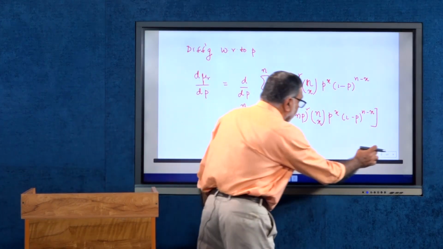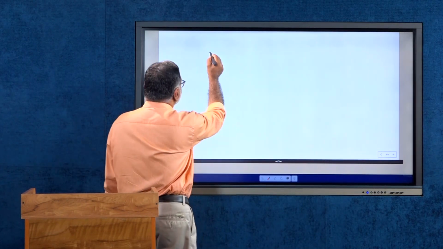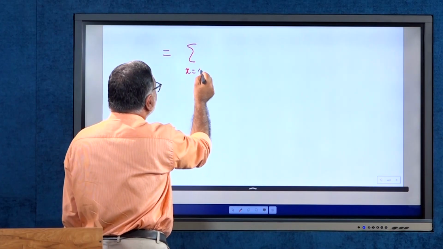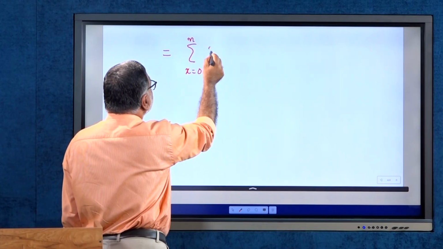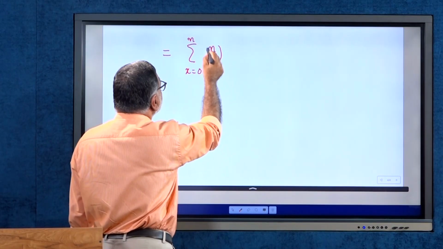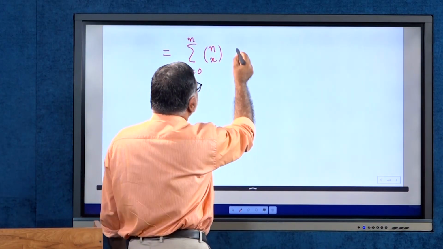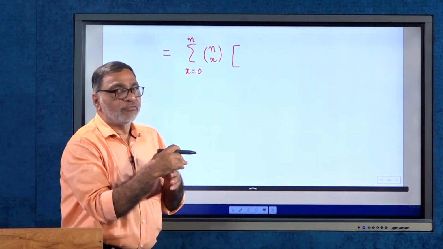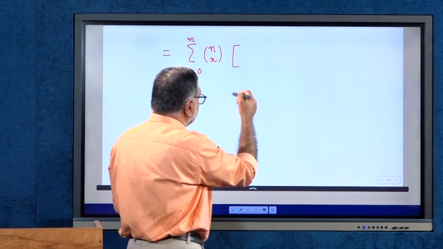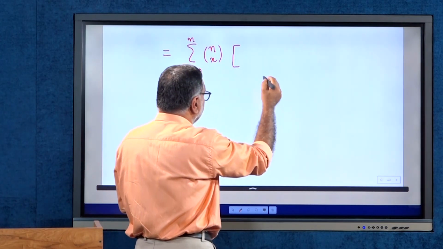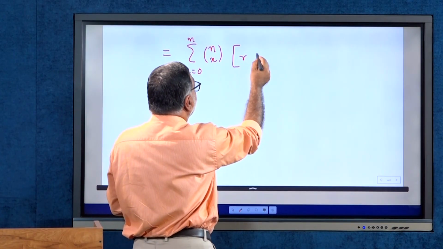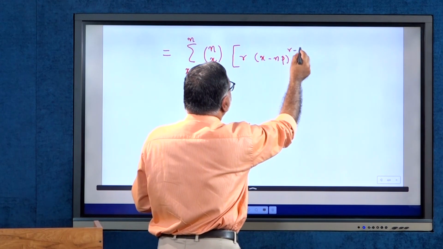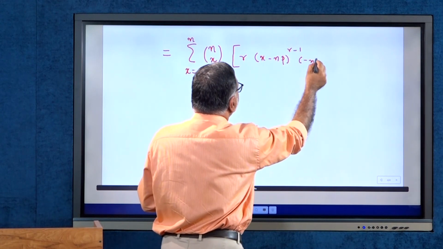So, that gives us sigma over x is equal to 0 to n, nCx, that is a factor not associated with p, then the derivative of the three quantities that are functions of p. When we are differentiating the first function x minus np power r, this becomes r into x minus np power r minus 1 into minus n.